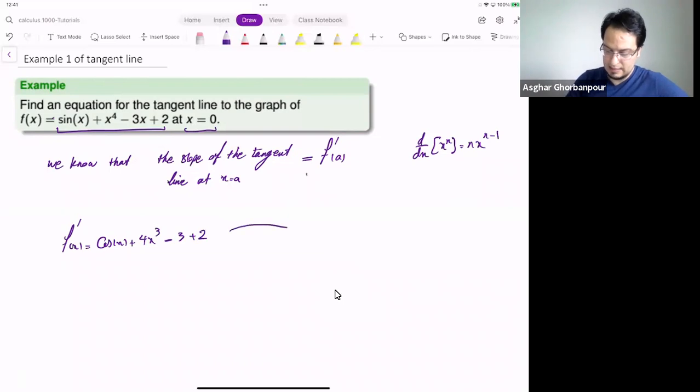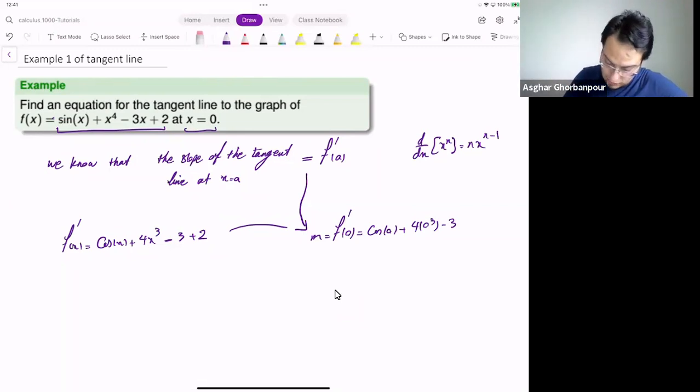From this, we know that the slope, denoted by m, is f prime at 0, which is cosine of 0 plus 4 times 0 cubed minus 3. Oh, I made a mistake in differentiation. The derivative of the constant 2 is actually 0. So we get 1 minus 3, which is negative 2.